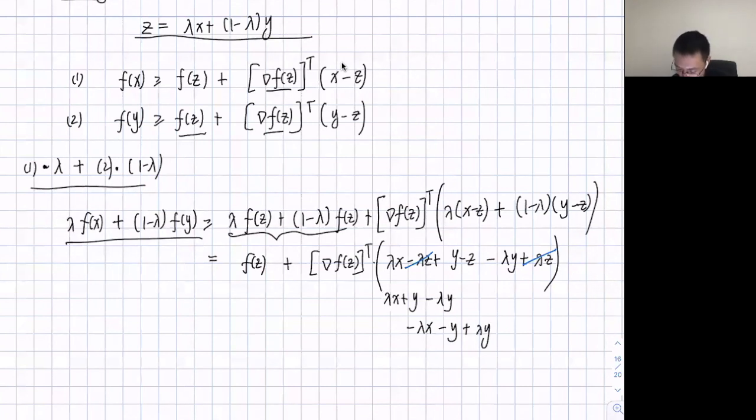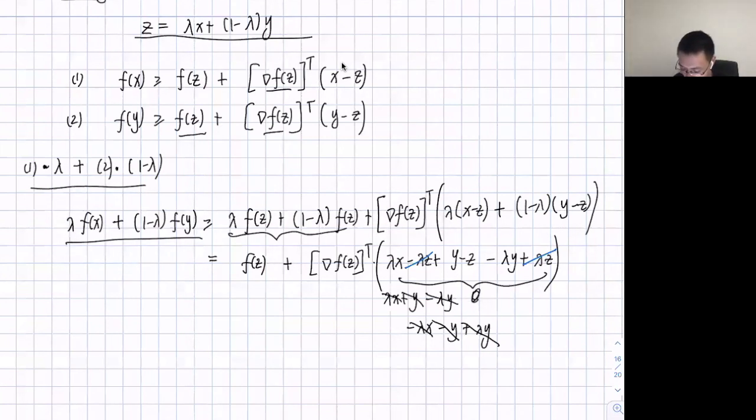Now these two terms cancel out, these two terms cancel out, and this term also cancels out. So this term becomes 0. Of course, something times the 0 vector, you still get a 0 number.